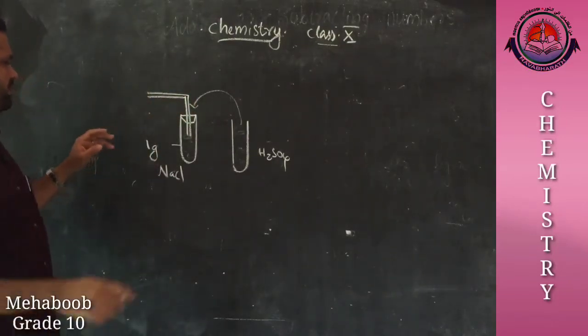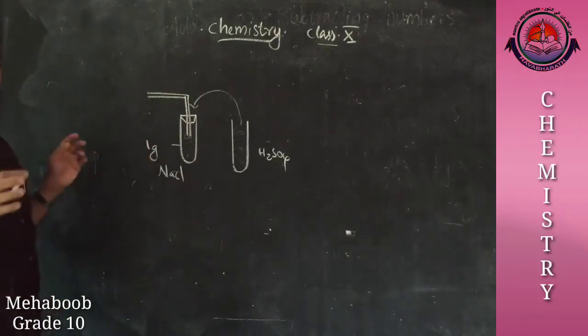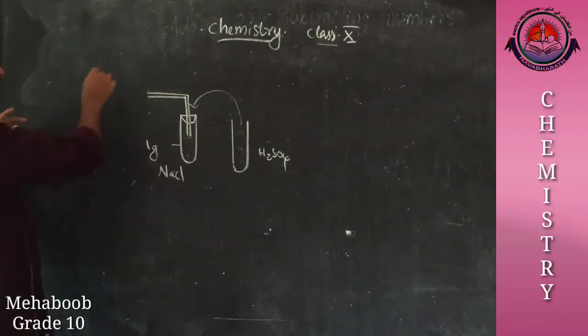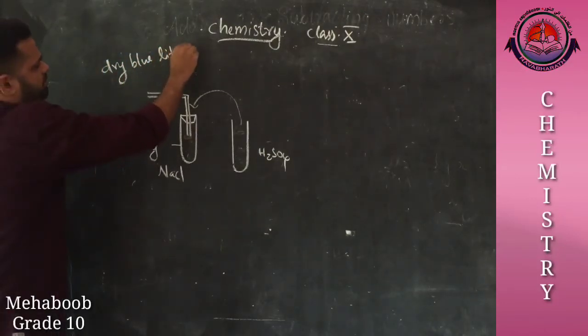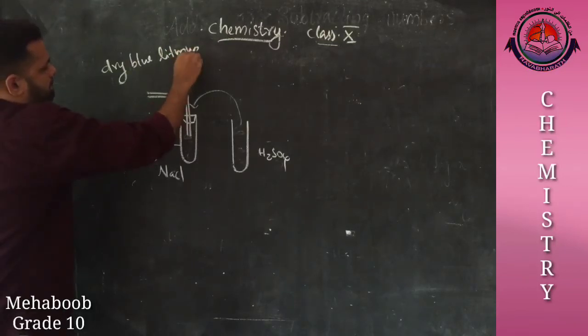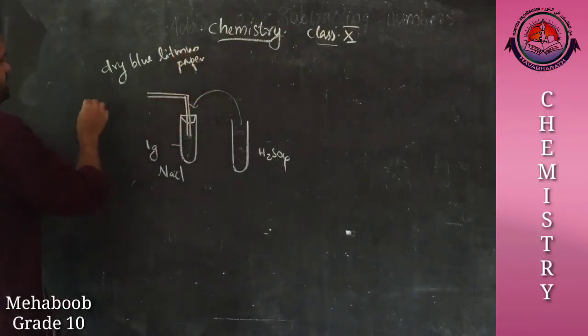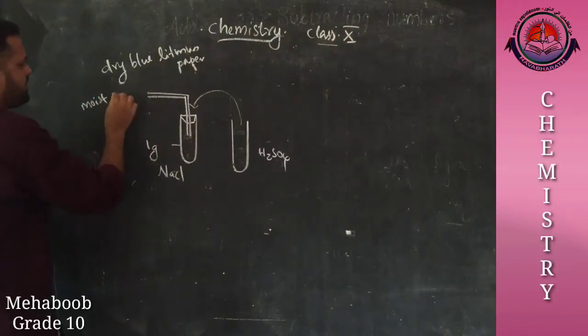You also carry two litmus papers: one is dry blue litmus paper and the other one is moist or wet blue litmus paper.